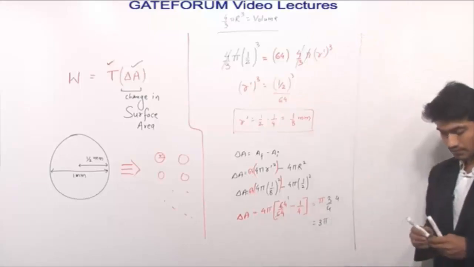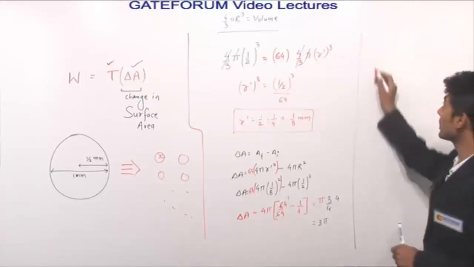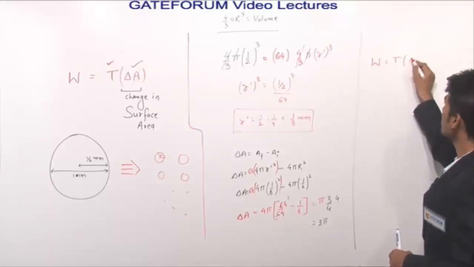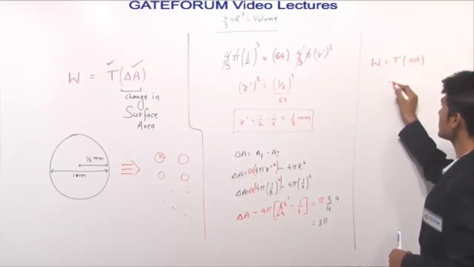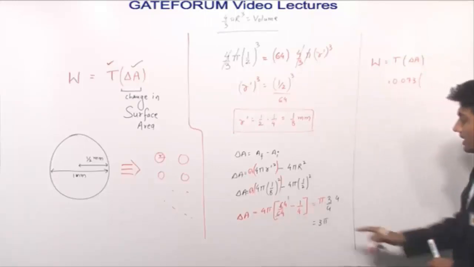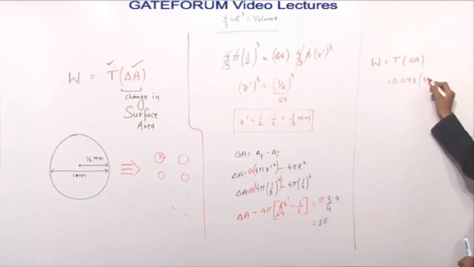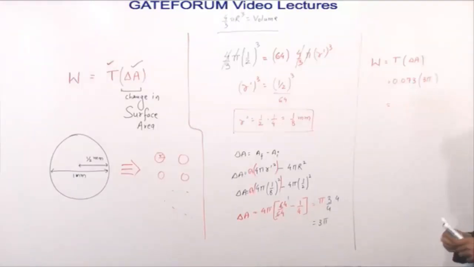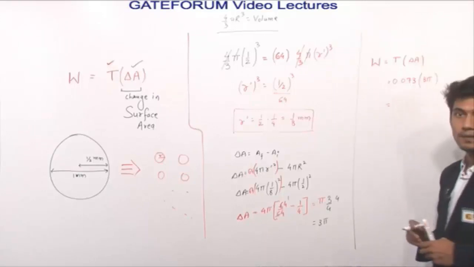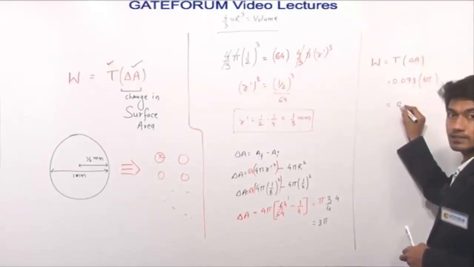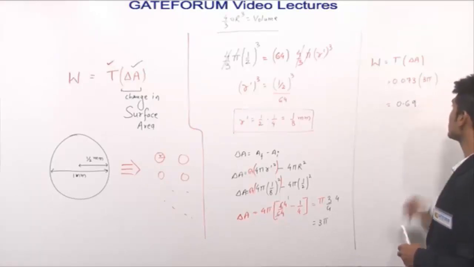Now, if you want to calculate work done, it is a simple formula: surface tension multiplied by change in area. Surface tension is given as 0.073 and the change in area is 3 pi. If you multiply these two terms, you will get the final answer as 0.69.